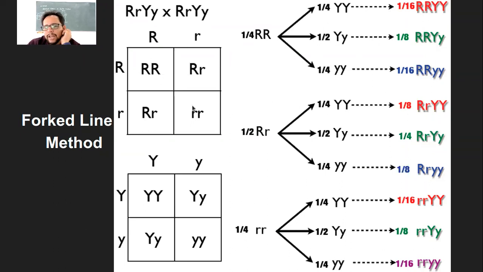If you are taking two traits, seed shape can be round or wrinkled, this is for round, this is for wrinkled, and seed color, yellow and green, capital Y is yellow, small y is green. If you are studying the dihybrid cross by the fork line method, you set up a monohybrid cross and you get these 4 individuals. You set up a monohybrid cross for the seed color, and you get these individuals.